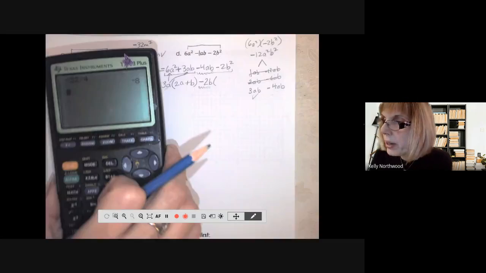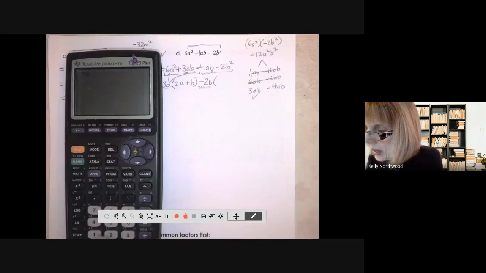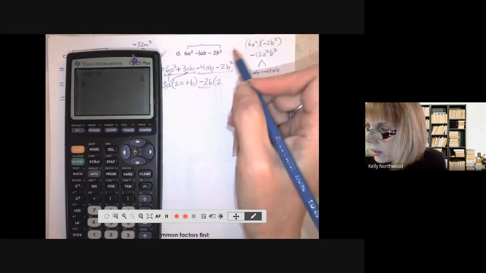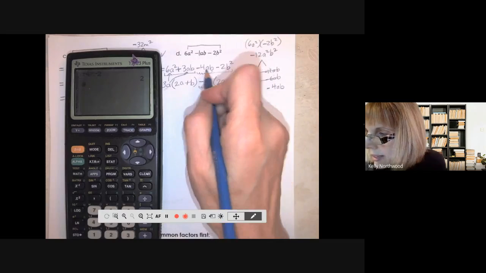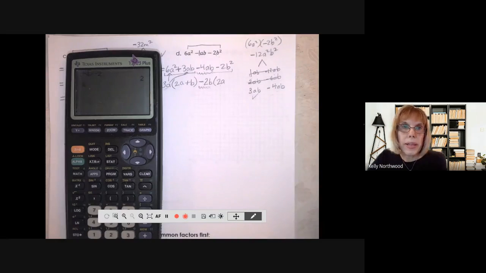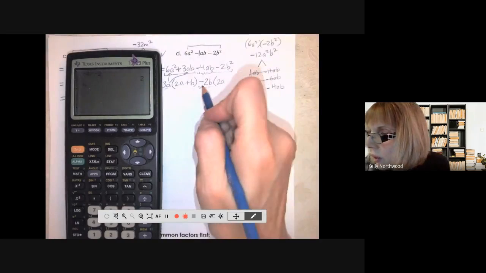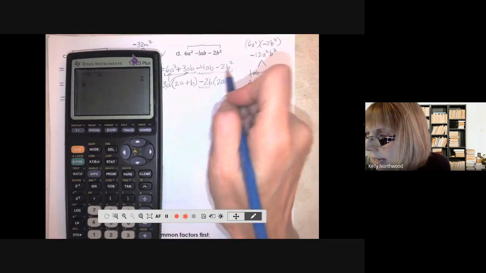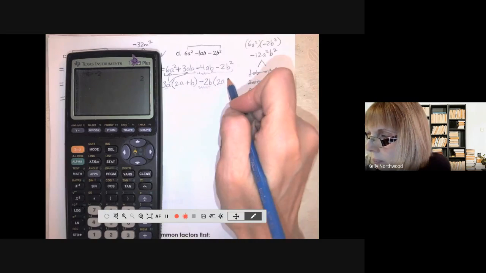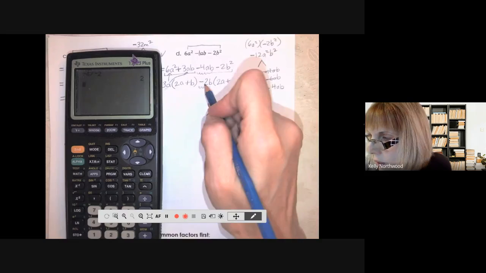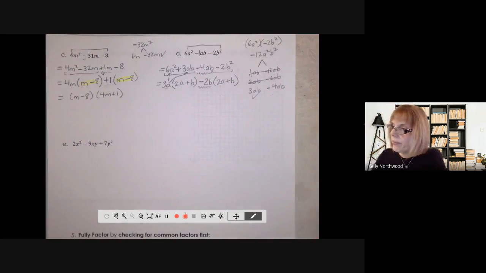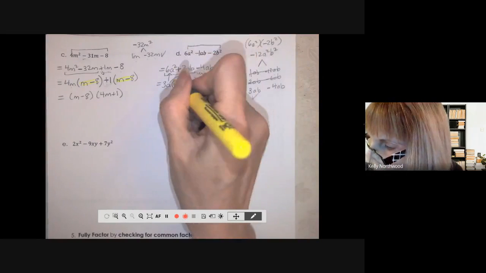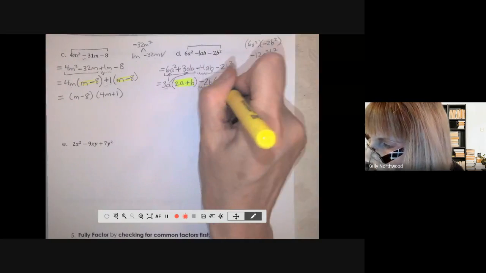If I wasn't sure about the number, I would do negative 4 divided by negative 2, which is positive 2a, and negative 2b times 2a is negative 4ab. So I'm good. And then what do I multiply negative 2b by to get negative 2b squared? Positive b, because negative 2 divided by negative 2 is positive 1. So I did that right. So my binomials should be common, and they are.